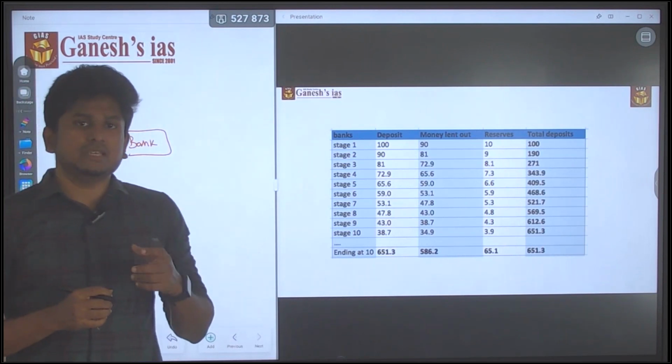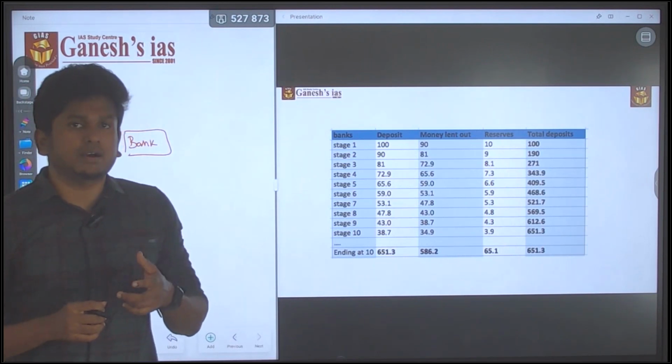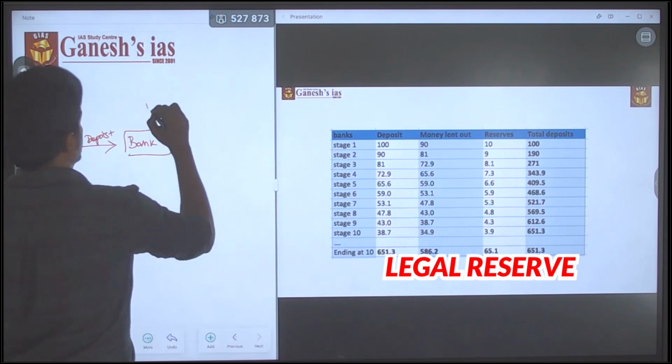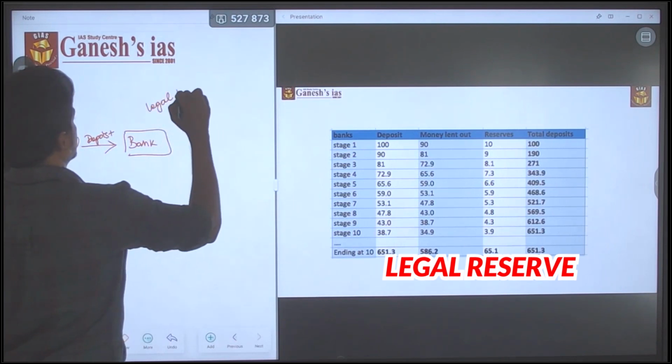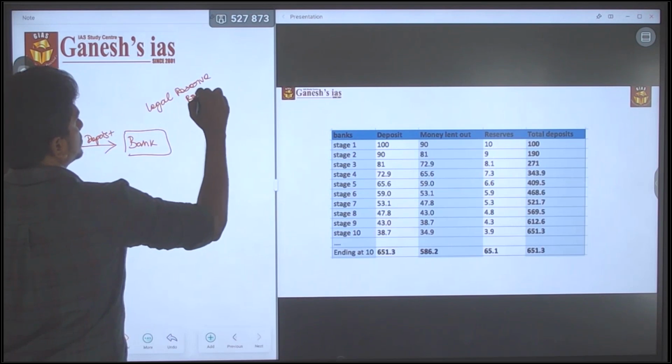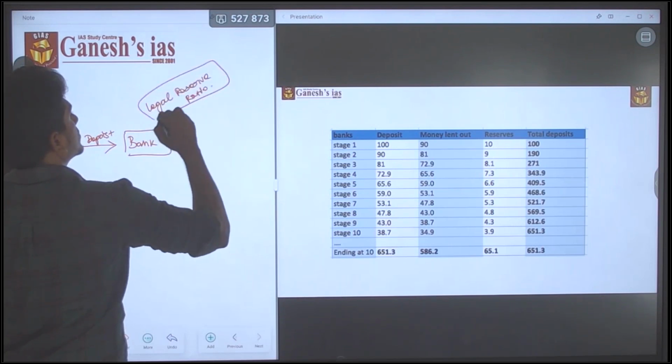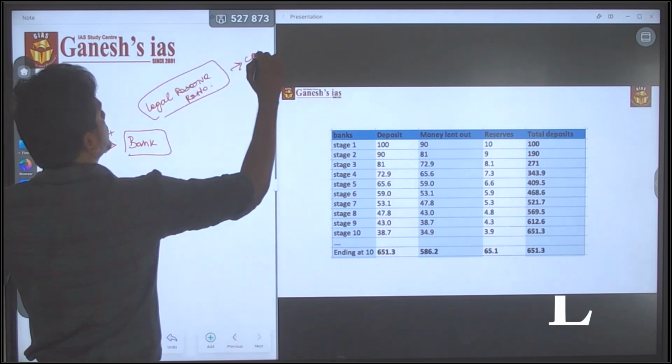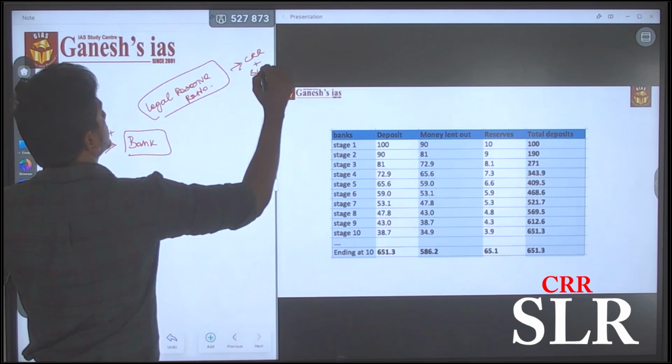Both CRR and SLR combined are called the legal reserve ratio.